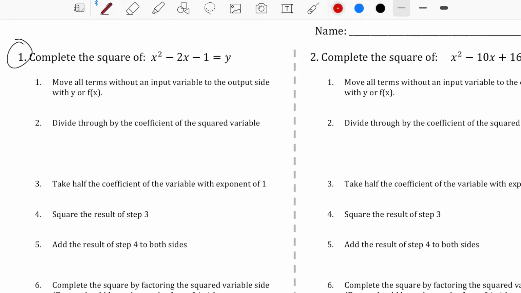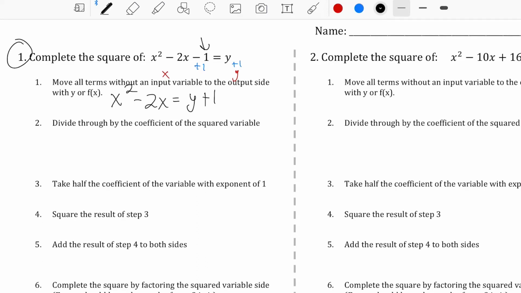Remember that input variable is anything with an x, and we're going to move it to the output side, which is the y. So I'm going to add 1 to both sides. I'm getting rid of this term right here. When I do that, I get x squared minus 2x equals y plus 1.